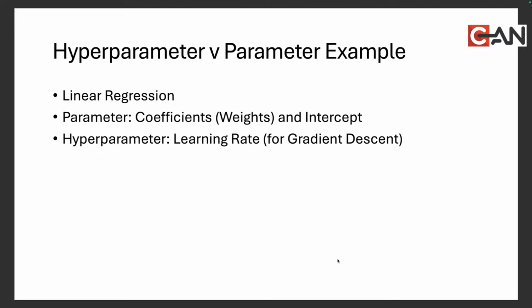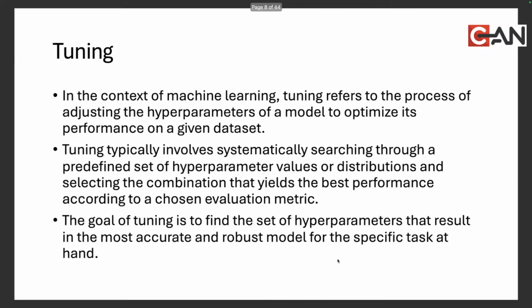Should we have little tiny steps and just explore a little bit? Well, that's probably going to take us a long time to get there. Should we have giant steps? We might step over some minimas, some local minimas and some global minimas. So learning rate is something that you experiment with as a hyperparameter to see what is the best for your data and your problem.